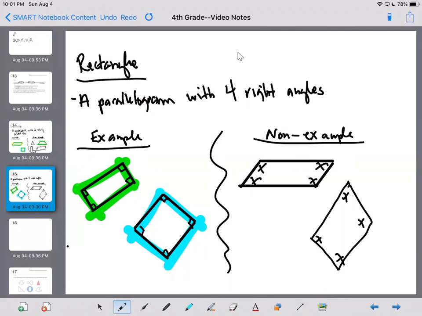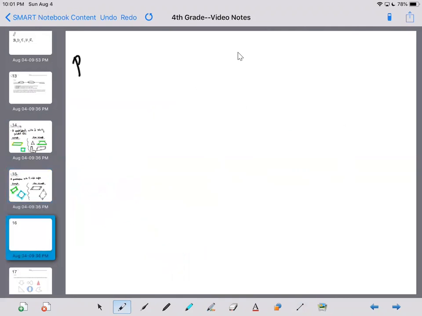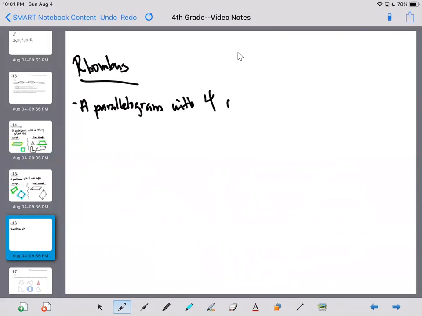Now let's look at a rhombus. What is a rhombus? Well, it is a parallelogram, so it's in that parallelogram family. It's also a quadrilateral with 4 congruent sides. Congruent just means that they're equal. Let's look at an example.